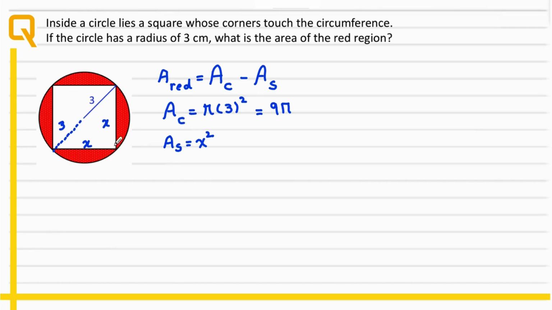centimeters. Now we have a right triangle. This is 90 degrees, and these two are the same in angle, each 45 degrees. For the right triangle A, B, and C, we can write the Pythagorean theorem.